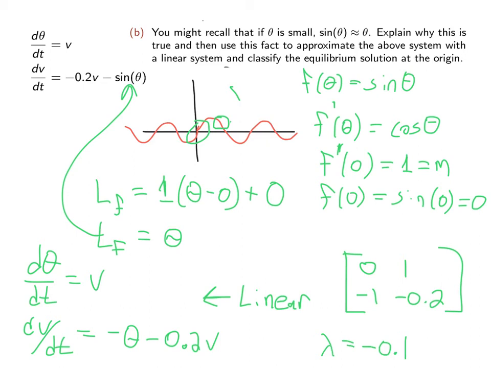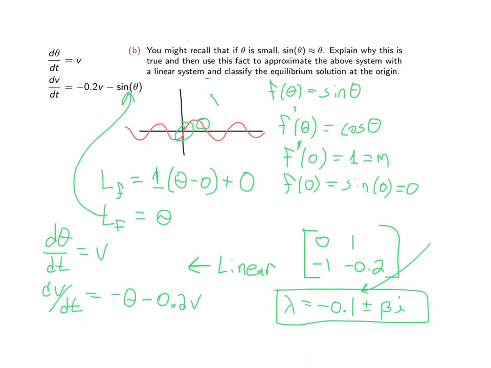They actually wind up being complex, and you can verify that. But when we're working with complex eigenvalues, remember that it's the sign of the real part that determines the stability. Since this has a real part which is negative, this is a stable equilibrium, and it's going to be a spiral sink, for example, but most importantly, this is stable.